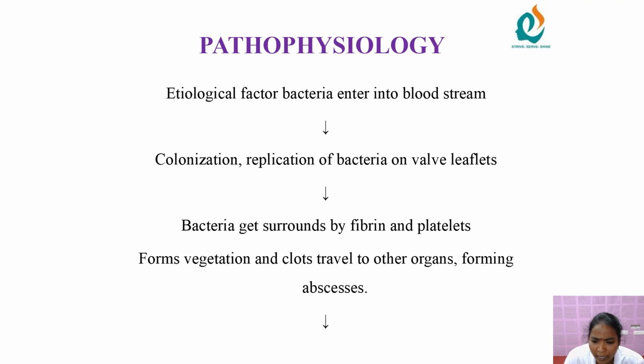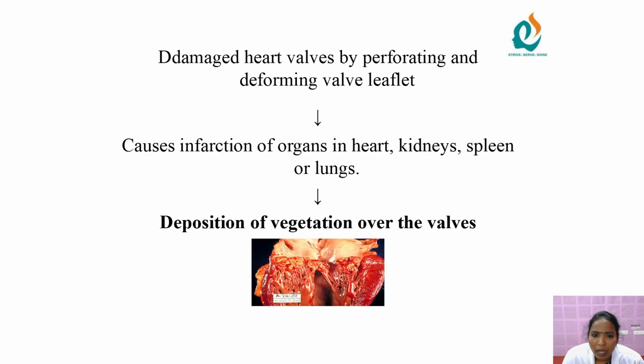The bacteria get surrounded by fibrin and platelets and form vegetation, and clots travel to other organs, forming abscesses. This leads to damaged heart valves by perforating and deforming the valve leaflets. This causes infections of the organs, decreased blood circulation and oxygen supply to the heart, kidney, spleen or lungs. This leads to deposition of vegetations over the valves.